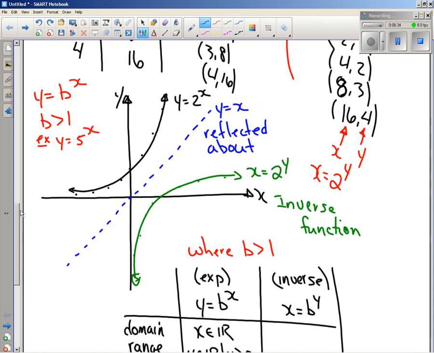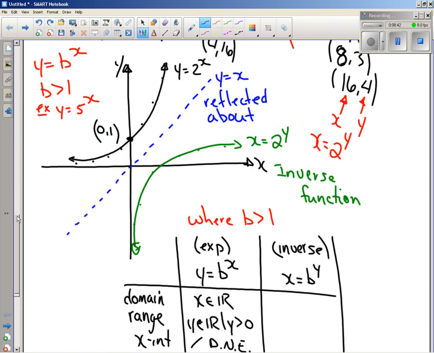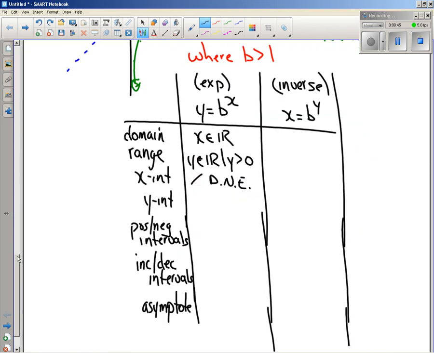Okay. This one, our intercept is at the point (0, 1). Depending if we have a coefficient out front of that, it may be stretched. So what we'll say is that there's one intercept. It depends. It's not always going to be at the exact same spot.